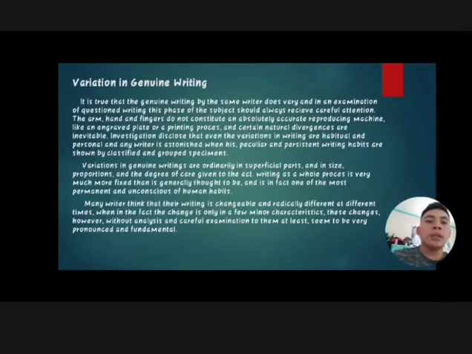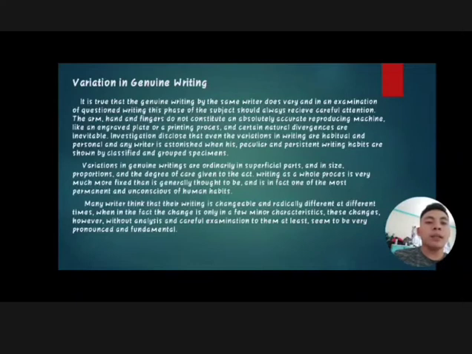A writer is astonished when his peculiar and persistent writing habits are shown by classified and grouped specimens. Variations in genuine writing are ordinarily in superficial parts and in size, proportions, and the degree of care given to the act.